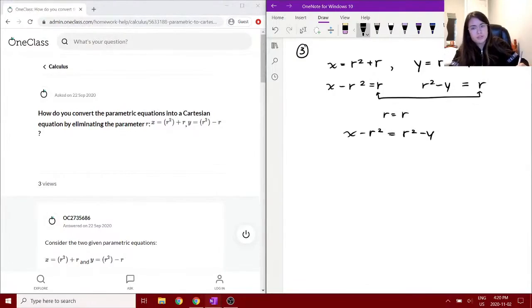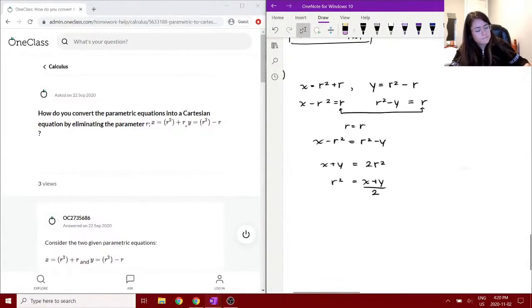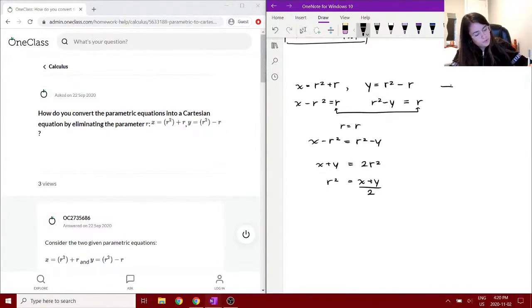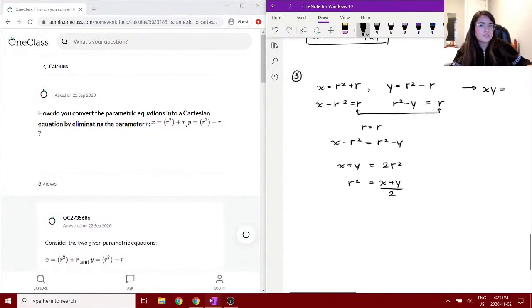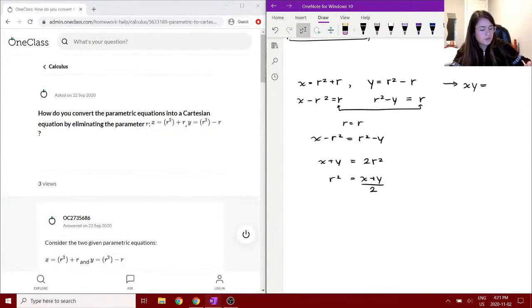So rearranging, we have x plus y is equal to 2r squared, and then r squared is equal to x plus y divided by 2. Now that we have r squared, I'm also going to find the product of x times y, and that will help us sub in for r squared.